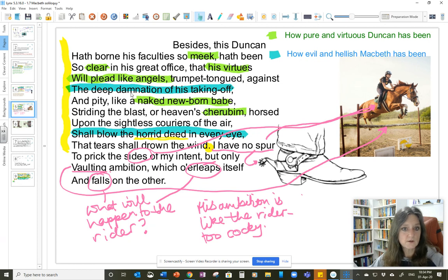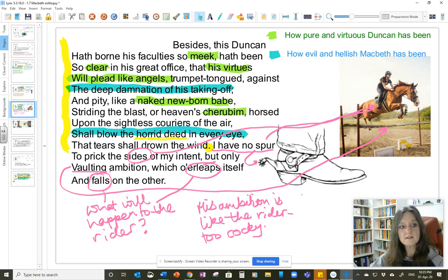Okay, so on the one hand, you've got this heavenly image, these angels, and King Duncan's kind of got a fast track ticket to heaven, accompanied by angels because of all his good characteristics. Whereas Macbeth, the man who took him off, has got a fast track ticket straight to the depths of hell.